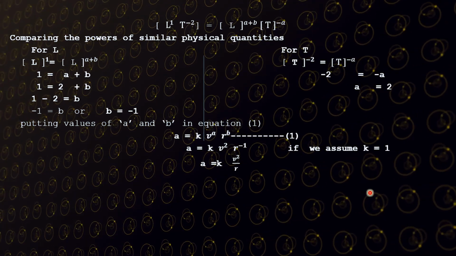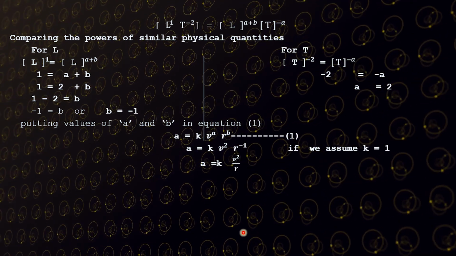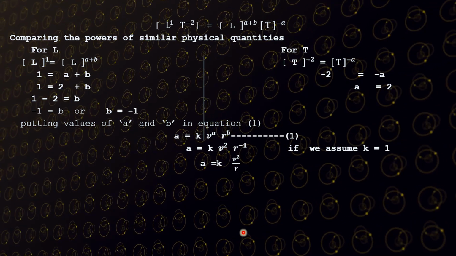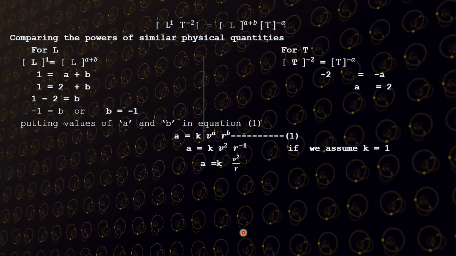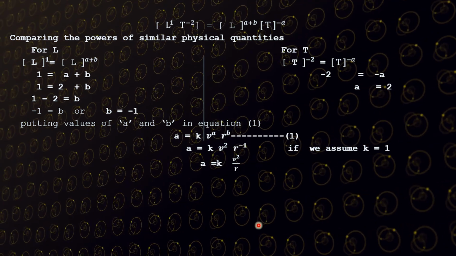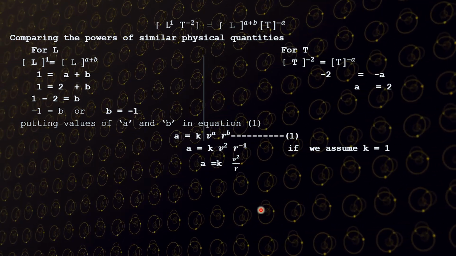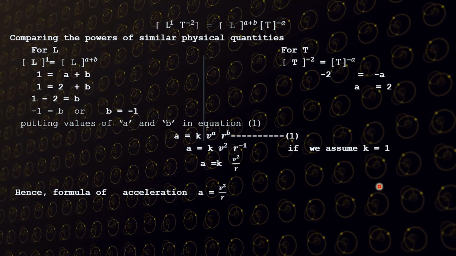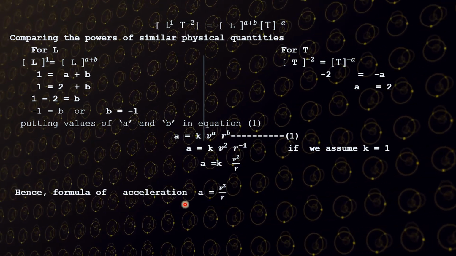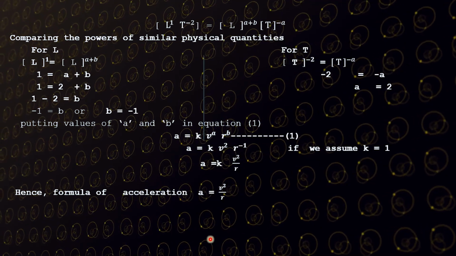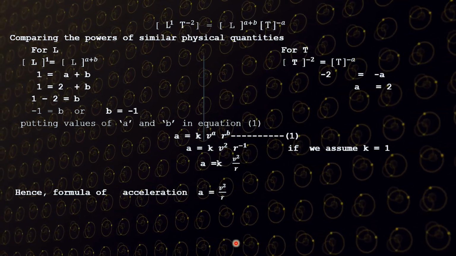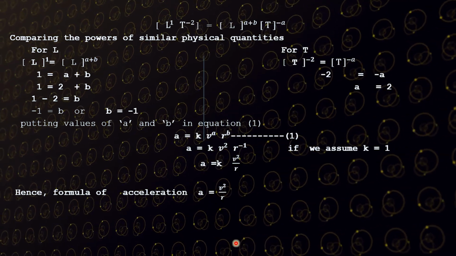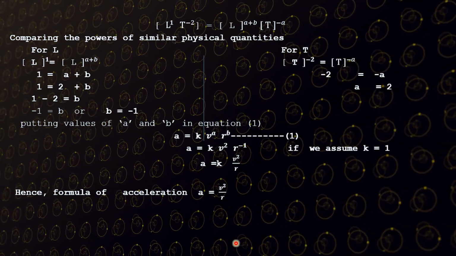And if you have studied the formula of centripetal acceleration, you will recognize that this is the formula of centripetal acceleration, and in that formula there is no constant, so we can assume that k is equivalent to 1. So this is the formula of centripetal acceleration, v square over r. This is the way we can derive the possible formula by using dimensional analysis.